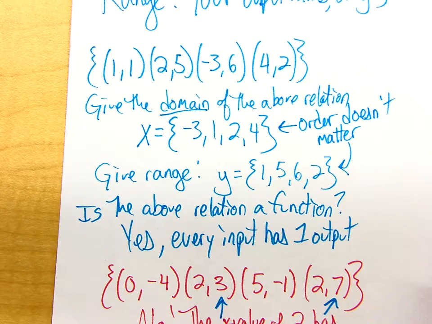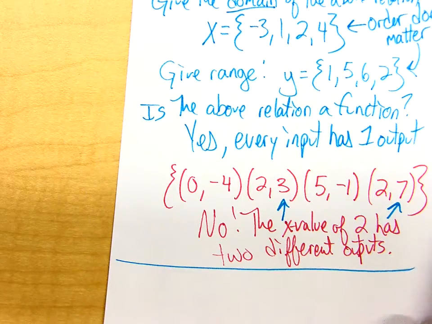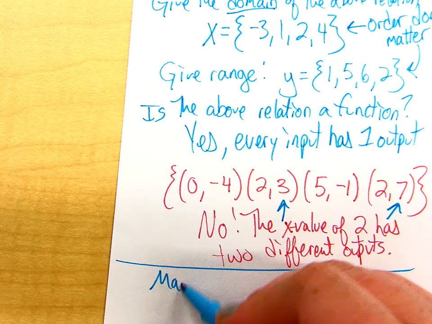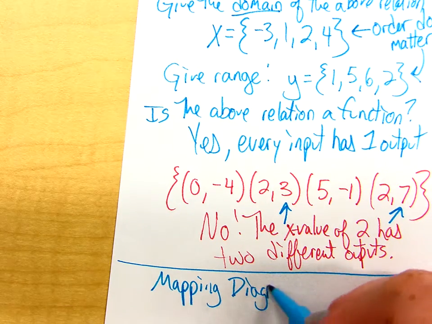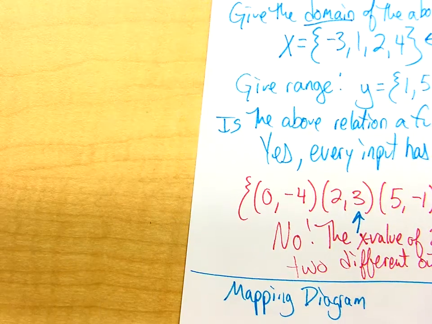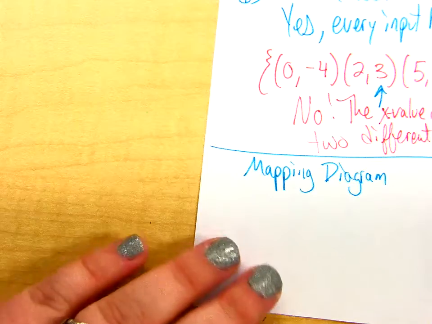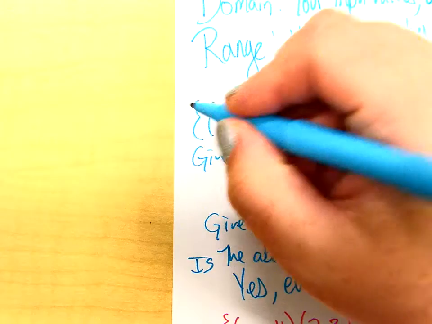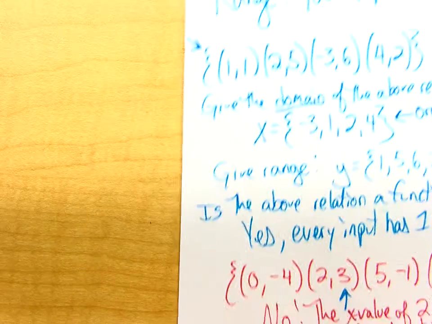We could write them in what's called a mapping diagram. So let's just say I took my relation from above, this one right here, and I wanted to write that as a mapping diagram.